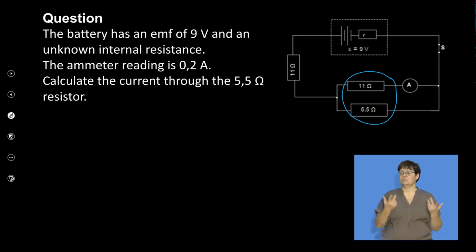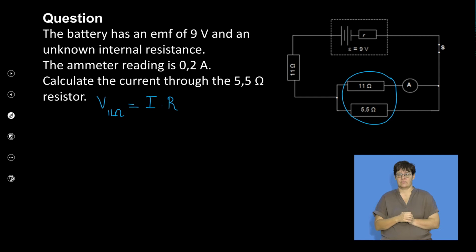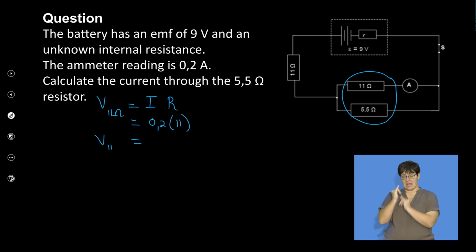We can first determine the voltage across the 11 ohms. So V across the 11 ohms is equal to the current multiplied by that resistance. The current, we are told, through the 11 ohm is 0.2, and the resistance is 11. So what is the voltage across the 11 ohm?